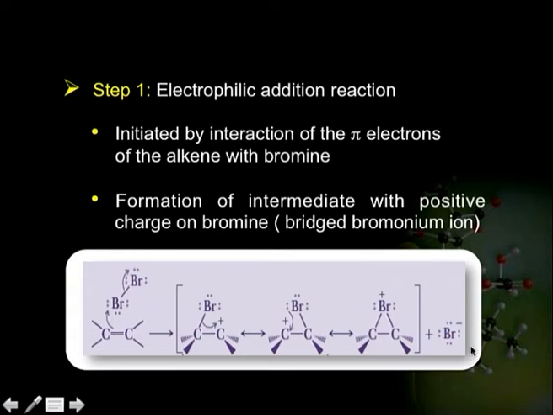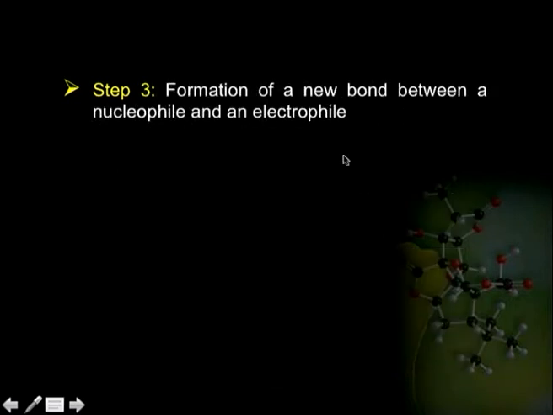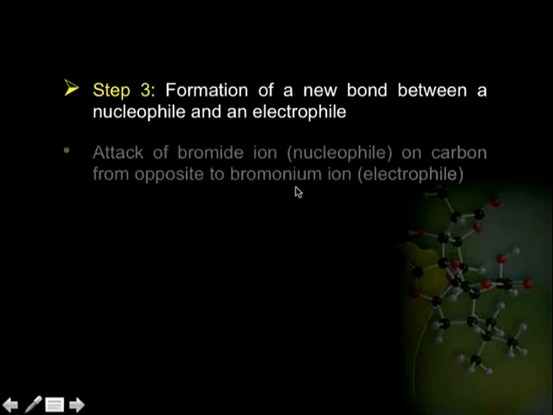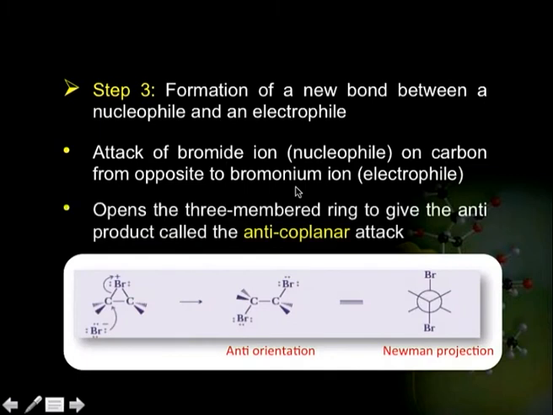With this we generate a nucleophile. In the next step, formation of a new bond between a nucleophile and an electrophile takes place, where attack of the bromide ion, which is a nucleophile now, on carbon from the opposite side to the bromonium ion, that is an electrophile, takes place.